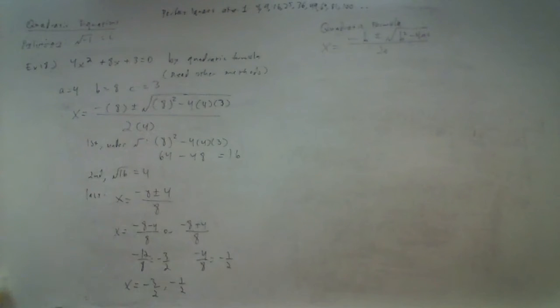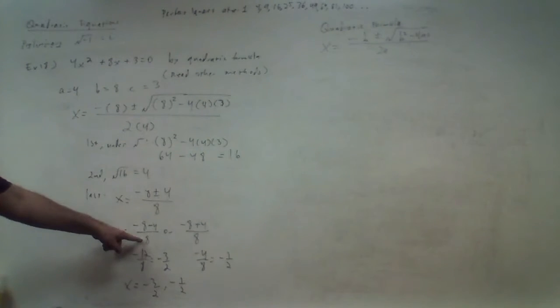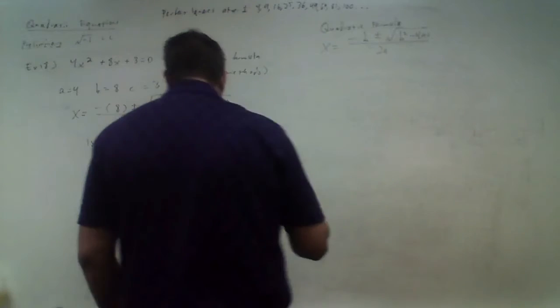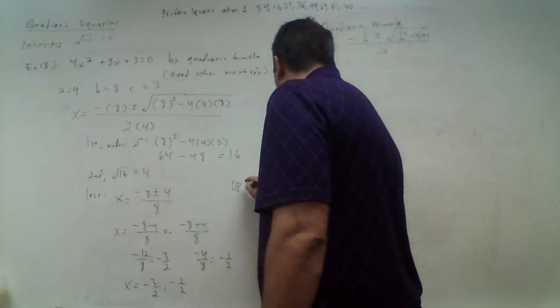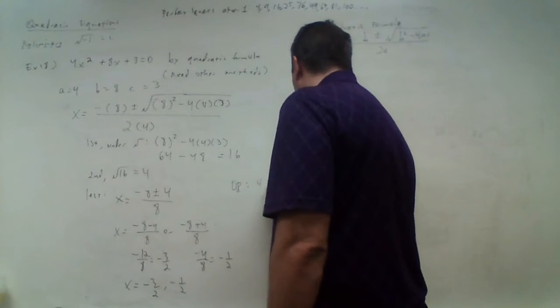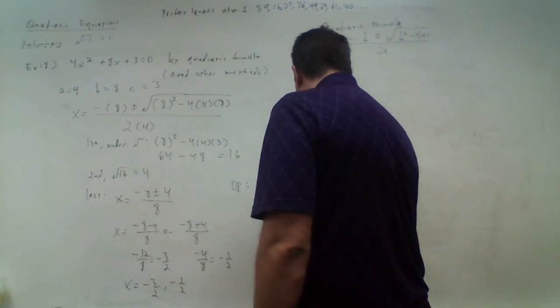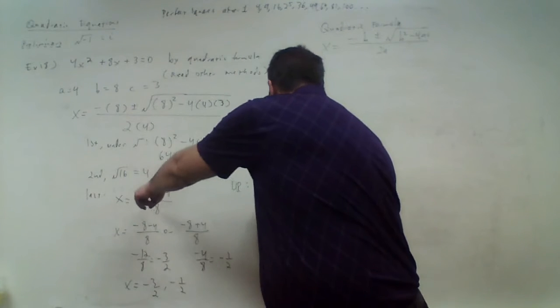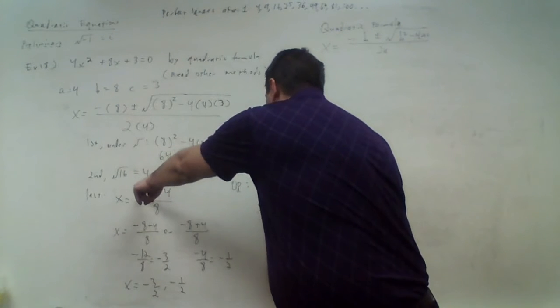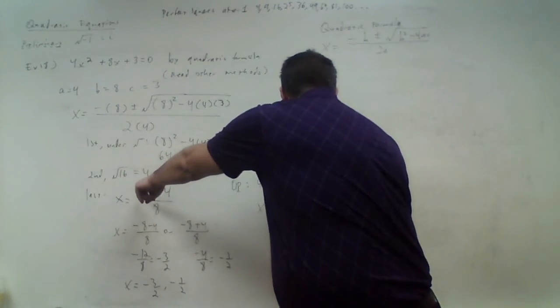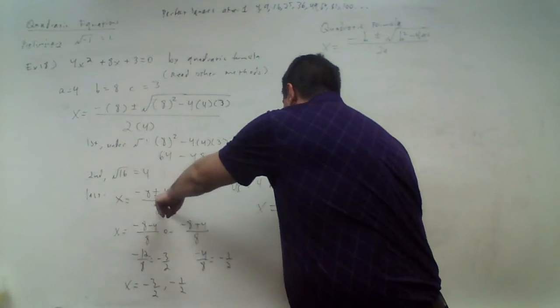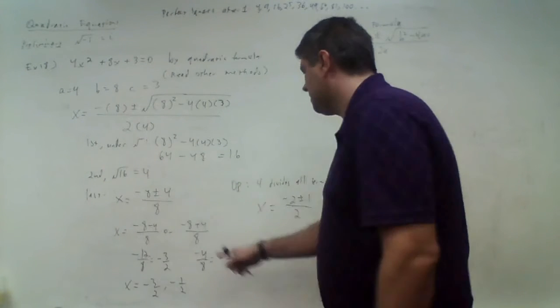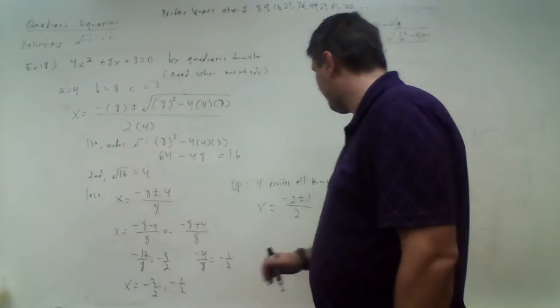Other people might ask, could we take the 4 into both of these? So if 4 divides all terms, we could do x equals negative 2 plus or minus 1 over 8 divided by 4 is 2. Divided by 4, divided by 4, divided by 4.